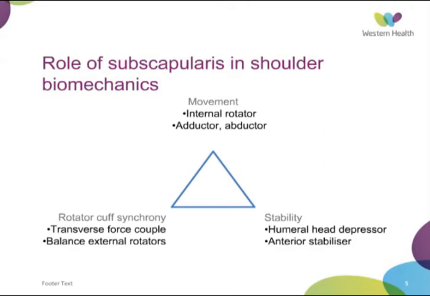In certain positions of the humerus, it will actually act as an adductor or an abductor, has an important role in stability of the humeral head, acting as a primary anterior stabiliser, and also acting as a humeral head depressor. It's very important in rotator cuff synchronicity. So it's part of the transverse force couple across the humeral head, balancing the power of the external rotators.